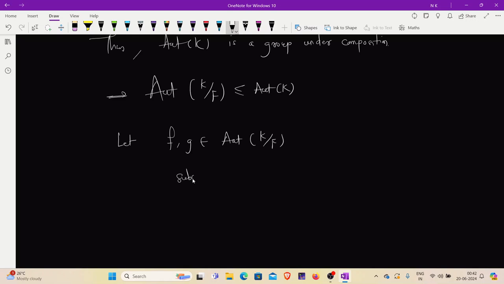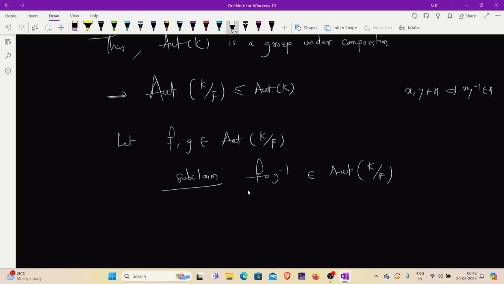So my subclaim will be f composite g inverse belongs to Aut K over F. The simple criteria used here is that x, y belong to H implies x y inverse belongs to H. That is the subgroup criteria. But here the operation is composition. That's why we have taken composition here, right?